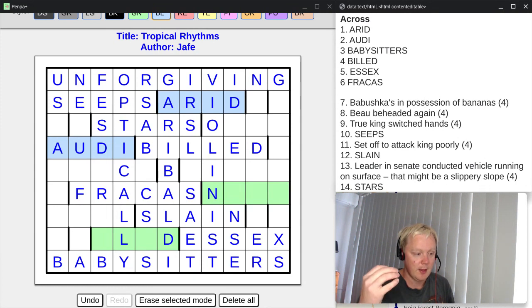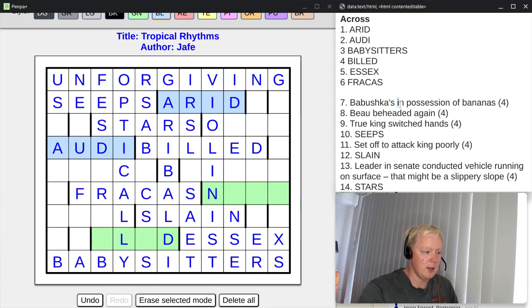So it could also be either part could be the inside part. So babushka could be in banana's possession, meaning the babushka would be inside, or the natural reading would suggest that the babushka, the grandmother, has bananas.